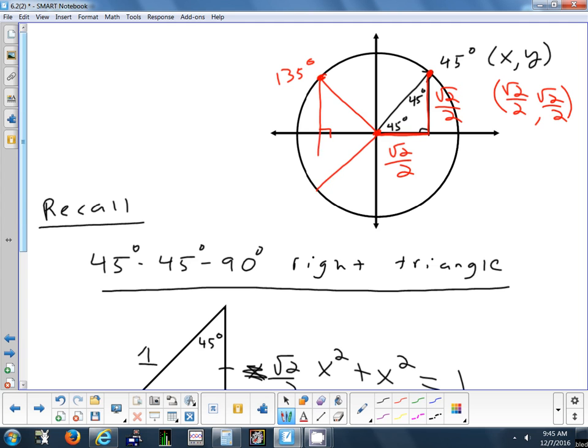What would be the degree measure of a 45-degree angle in quadrant 3? Negative square root of 2 over 2, the same. Okay, so that would be the coordinate, and what angle would that represent?